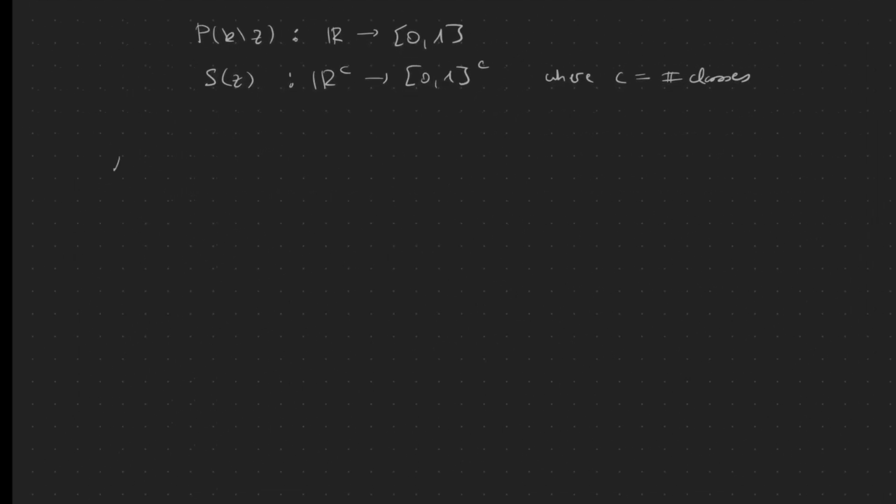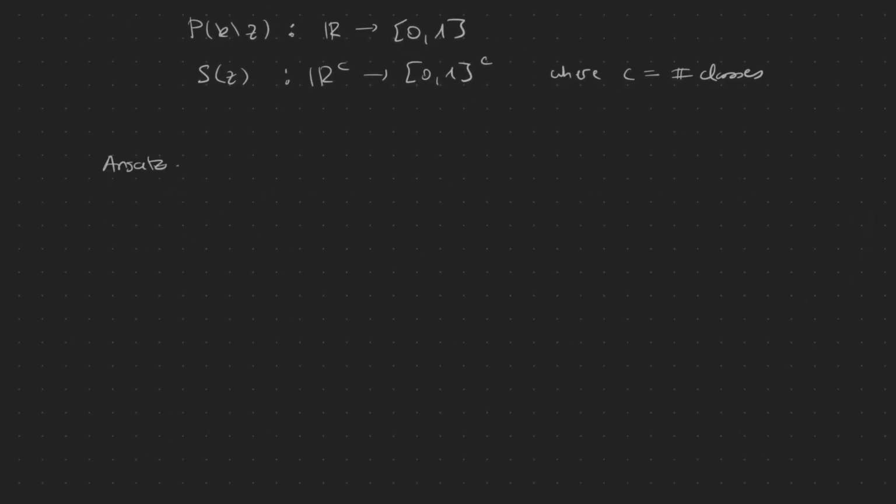So let's try a first ansatz in order to find s. The first ansatz could be to say, okay, let's have z1 and divide it by a normalization factor, so for example z1 plus all the values up to zc, and so on.